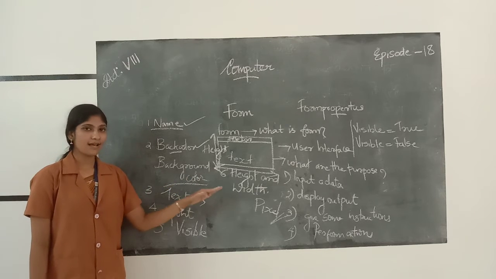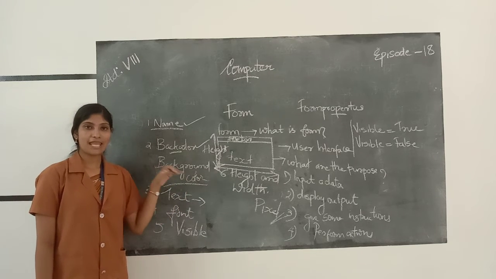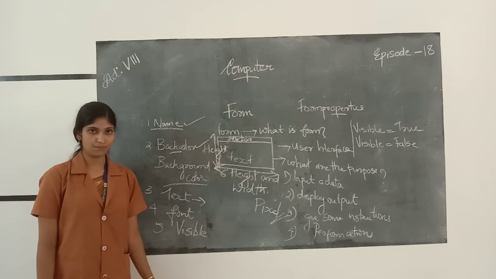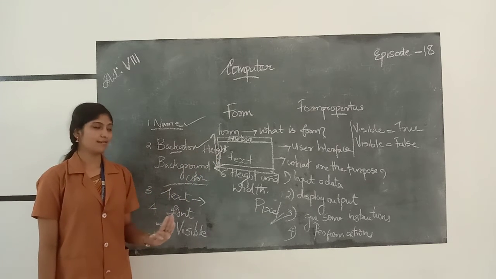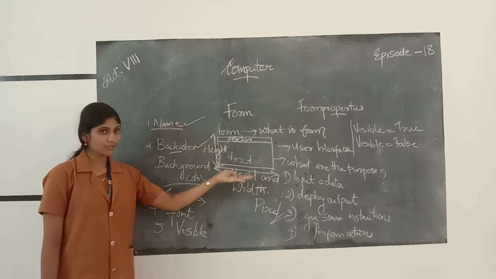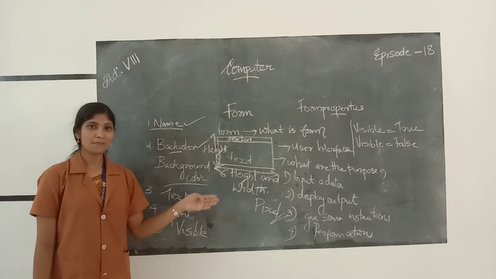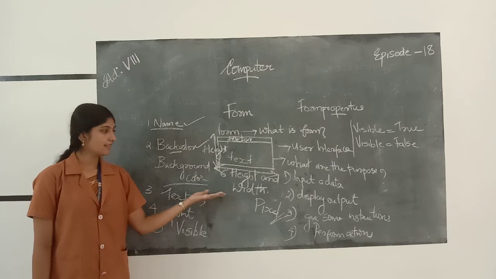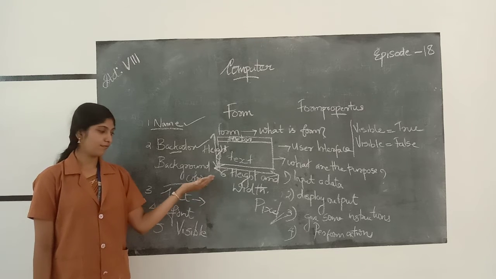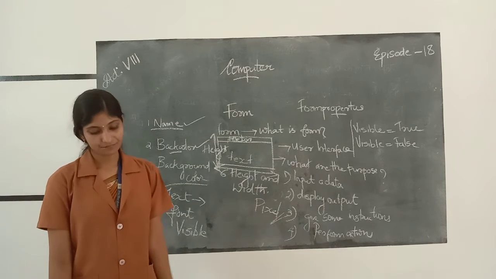Just click the height property and then enter the height you want to set for that form, which is in pixels. Second, if you want to increase the width of the form, you can go to the width property and set the value for that width in pixels.